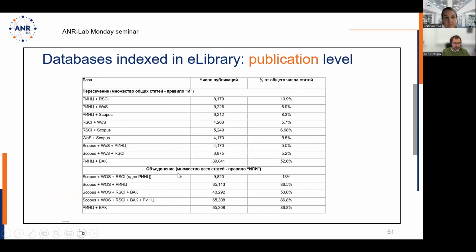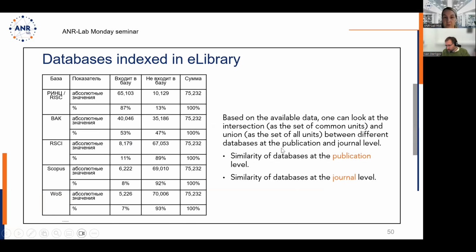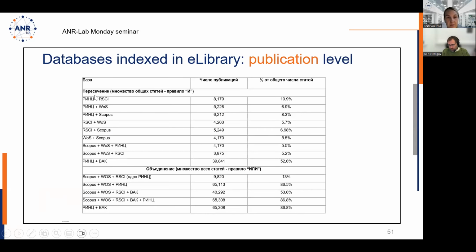So this would be intersection and union. Here we can see the intersection: how many publications we will get if we use Russian Index of Science Citation and Russian Science Citation Index, publications which are included in the two databases.